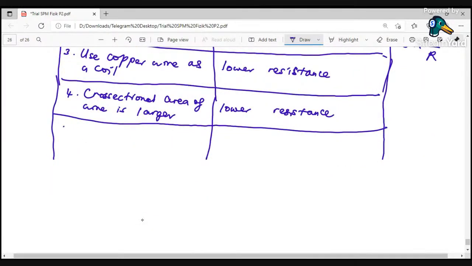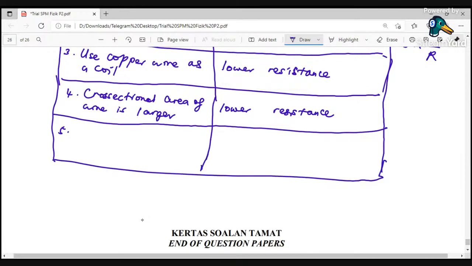Number 5, as we discussed as we went through the question just now, the modification is to convert DC generator to AC generator. So the DC generator is using a commutator, a split ring commutator.